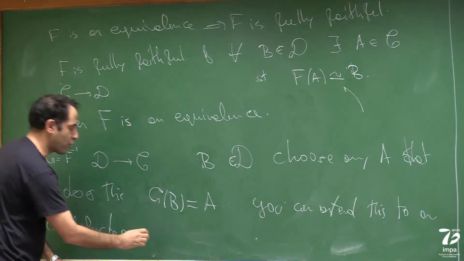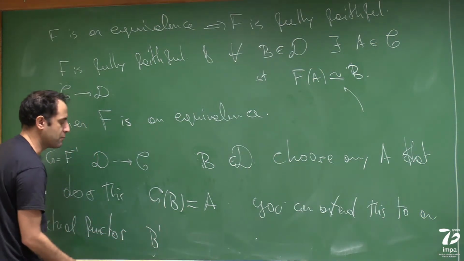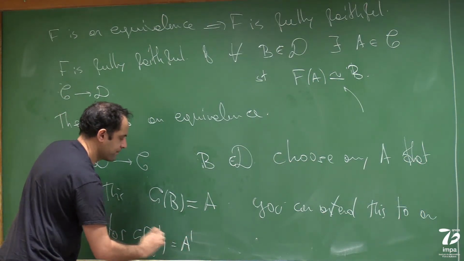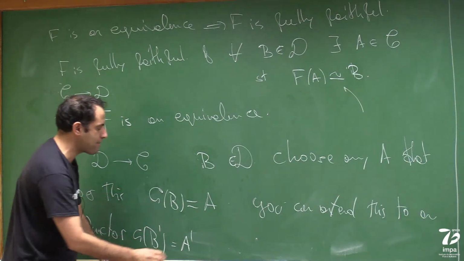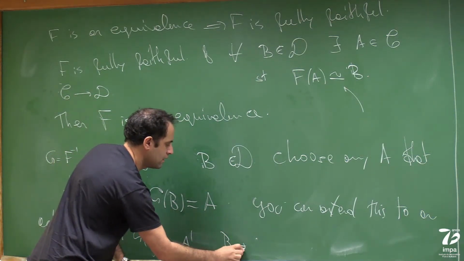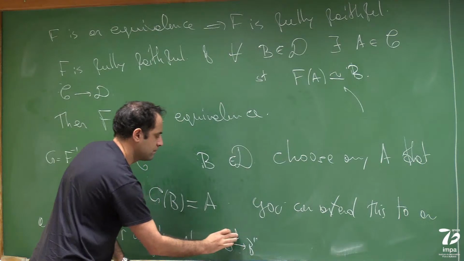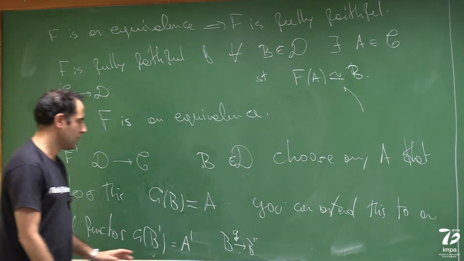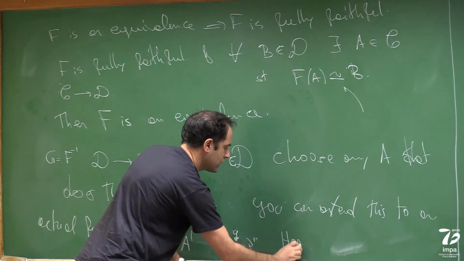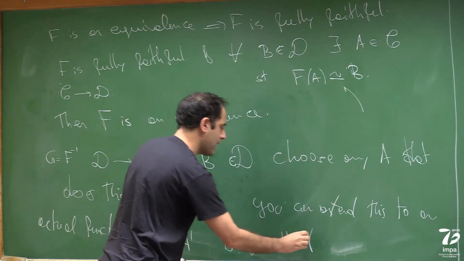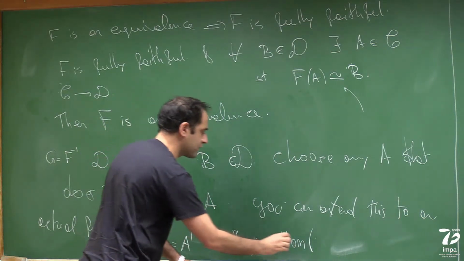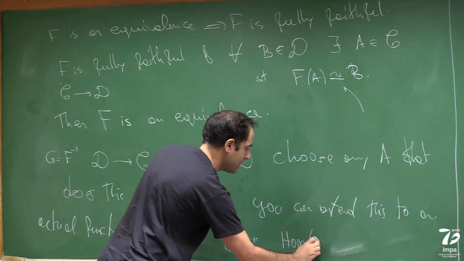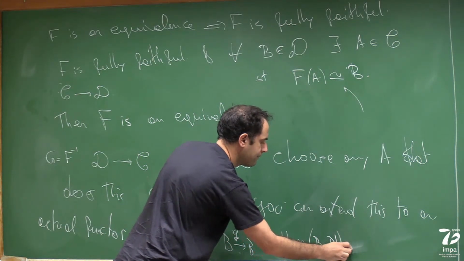Suppose that you have some B prime, and you've chosen your A prime. And suppose that you have a map from B to B prime, let's say some G. Well, then this G is an element of hom in the category D from B to B prime.